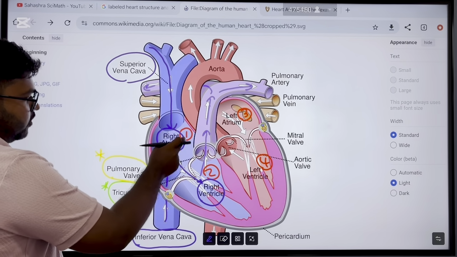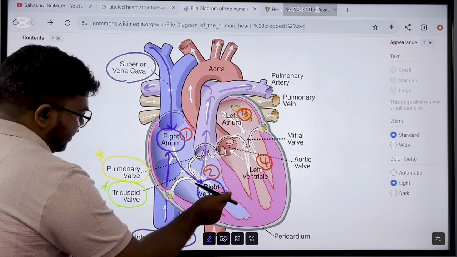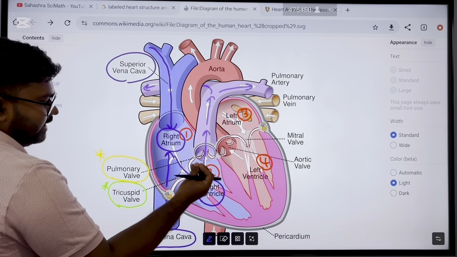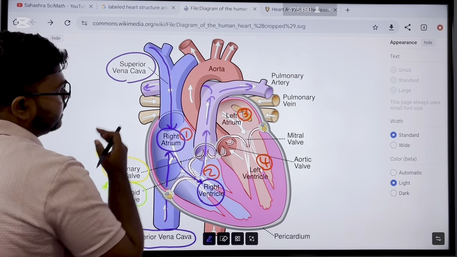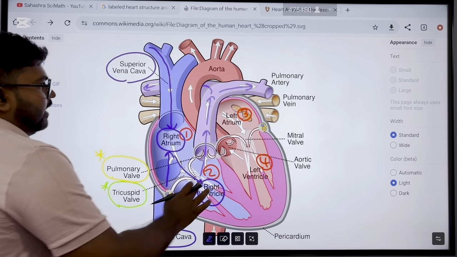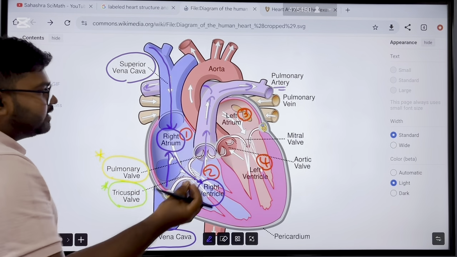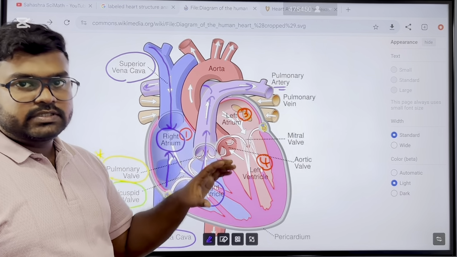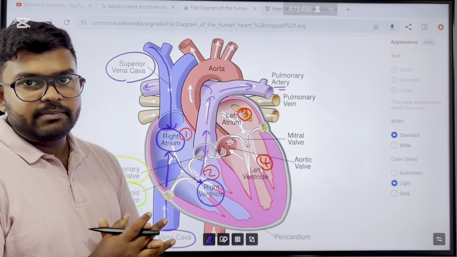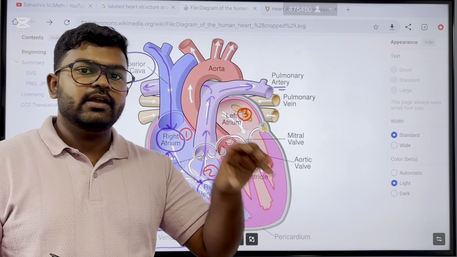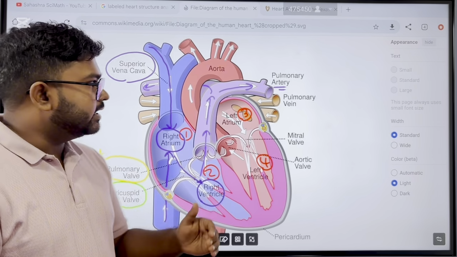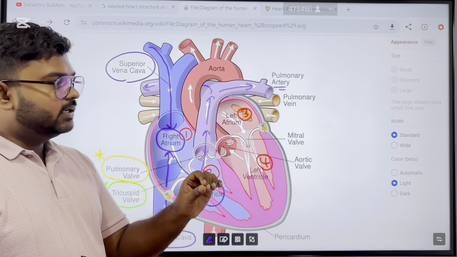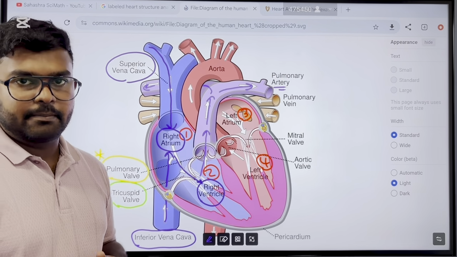Then this deoxygenated blood passes into the right ventricle, and then is pumped into the pulmonary artery. So even though this is an artery, the pulmonary artery carries deoxygenated blood. That is a special point, because usually arteries carry oxygenated blood, but here the pulmonary artery carries deoxygenated blood, right? So that you have to remember.